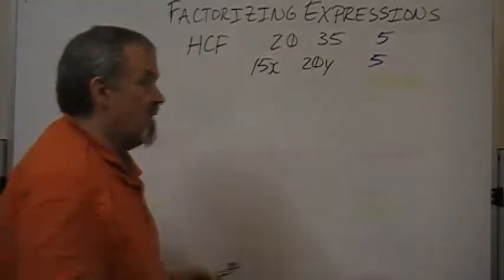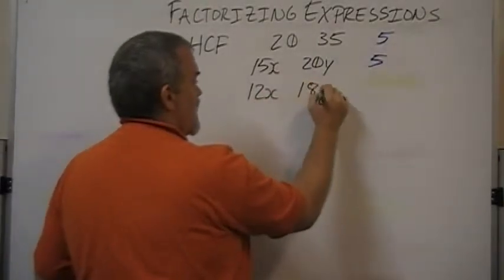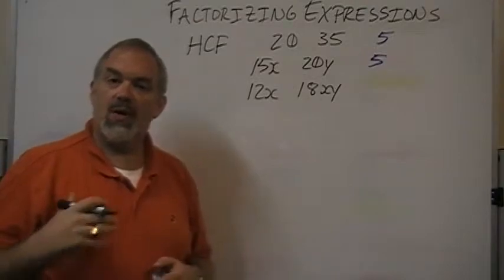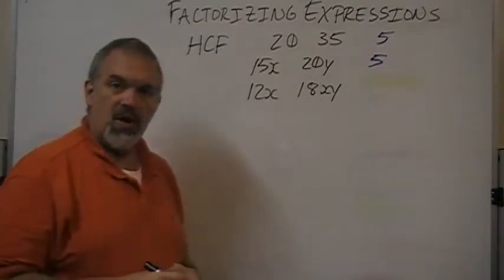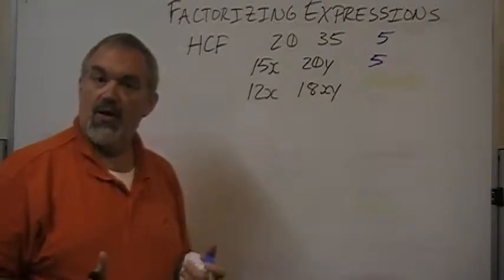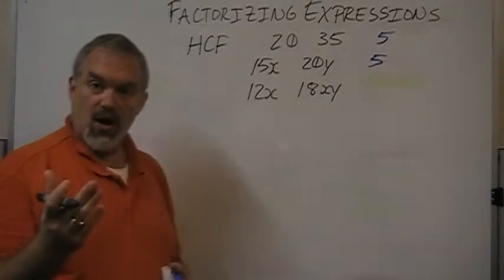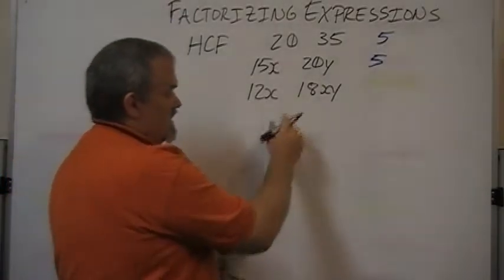Now let's try another example. Let's say we had 12x and 18xy. Again, start with our numbers. What's the biggest number that will divide evenly into both? Well, we could start with 2, but there's a bigger number. How about 3? Sure, 12 will divide by 3, 18 will divide by 3. There's still a larger number, 6. 12 will divide by 6, 18 will divide by 6.